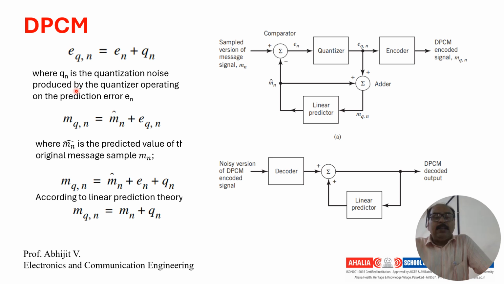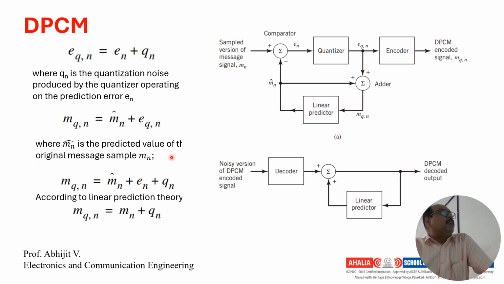Okay, so q[n] is the quantization noise produced by the quantizer operating on the prediction error known as e[n]. m_q[n] is given by the input to the predictor, sorry. m_q[n] is given by m tilde plus e_q[n], where q[n] stands for the quantization noise.